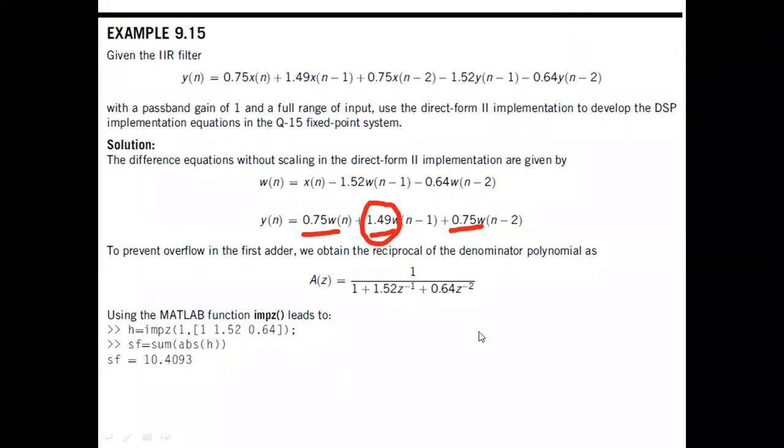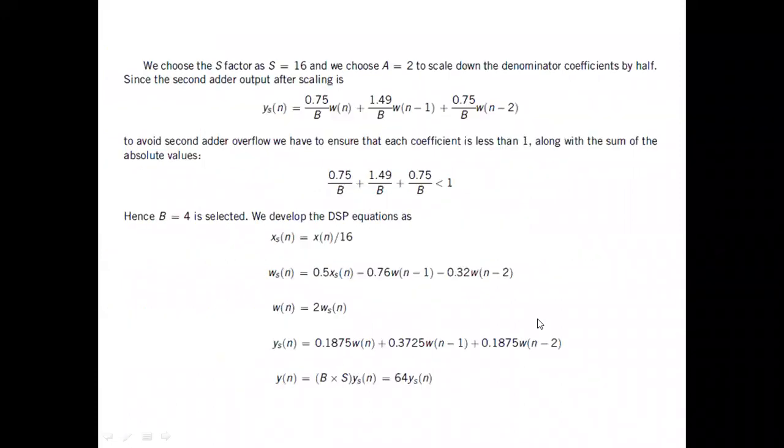So the scaling factor for the inputs is 16, and a equal to 2 is chosen. What about b?